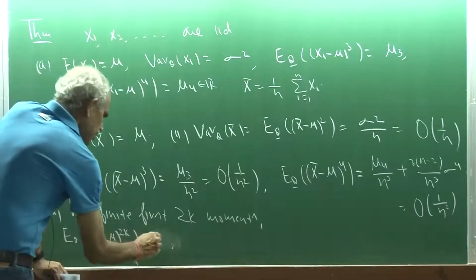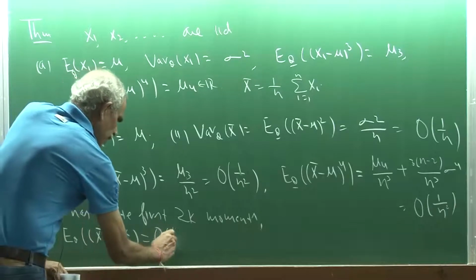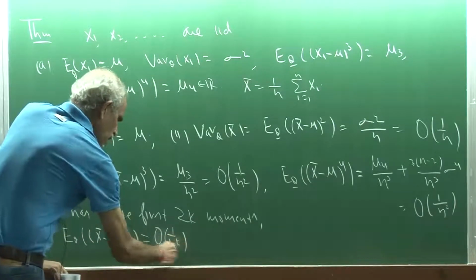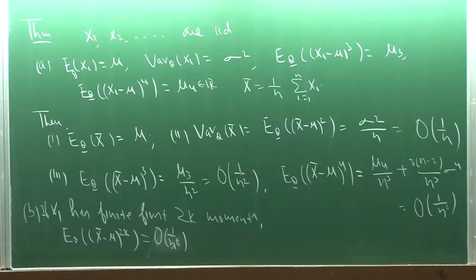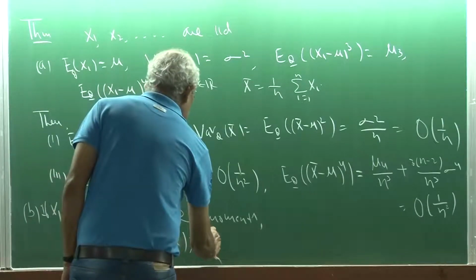So this is the same as order of 1 by n to power k. And the expected value of (X bar minus mu) to power 2k minus 1 would also be of the same order.